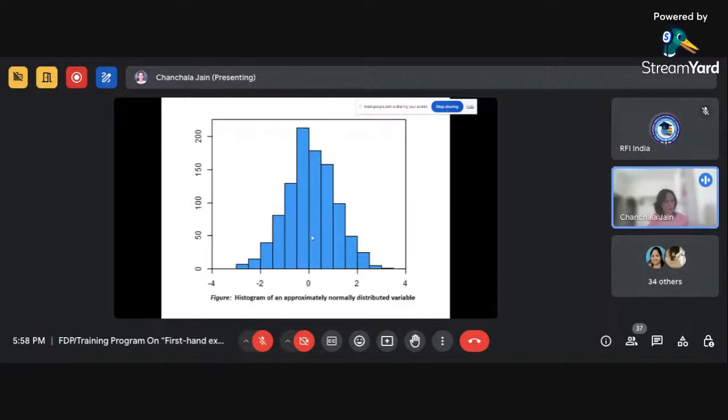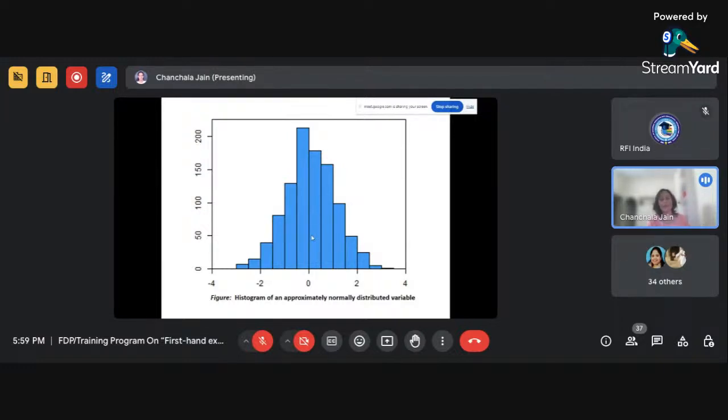Now, I think yesterday also I showed you the same histogram while discussing normality. As you have seen, one of the assumptions of the independent samples t-test is normality. We have also discussed that it is very hard to get exactly normally distributed data.